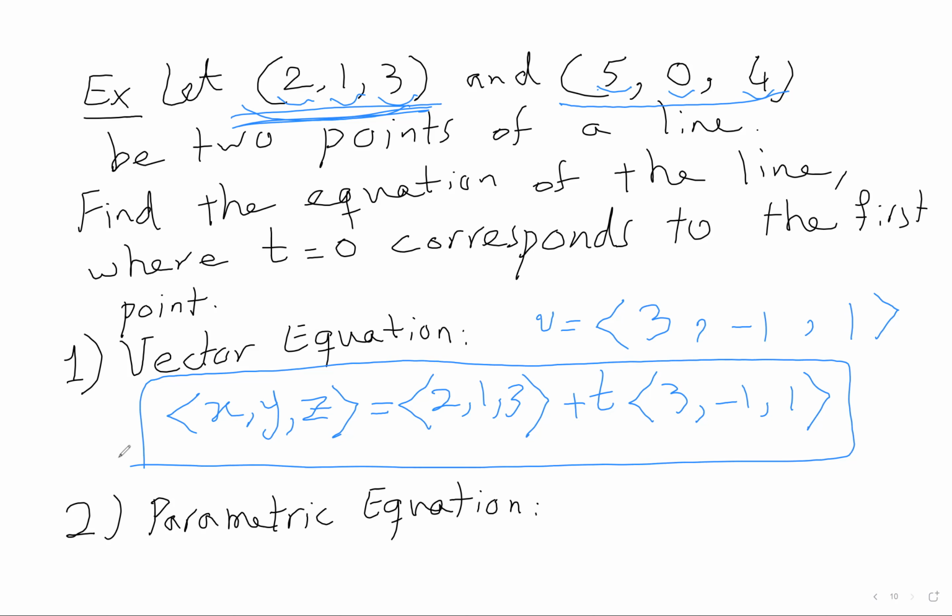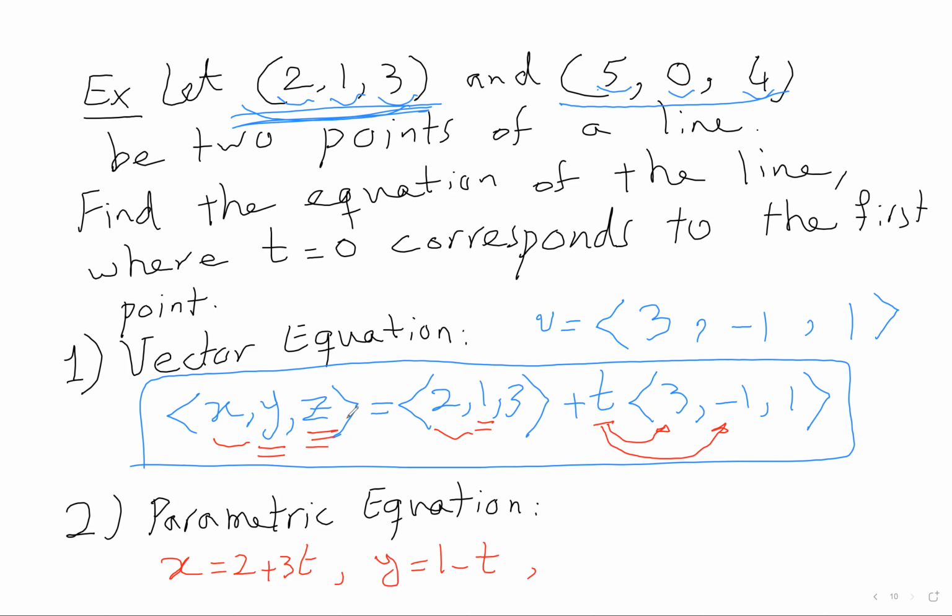Once we have the vector equation, the parametric equation is quite simple because the first coordinate is 2 plus t times 3. So x is 2 plus 3t. y is 1 plus t times minus 1, so y is 1 minus t.